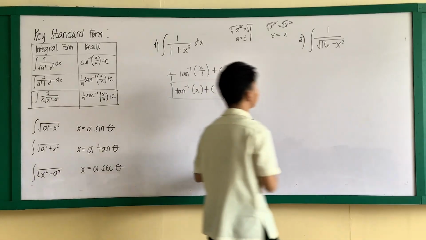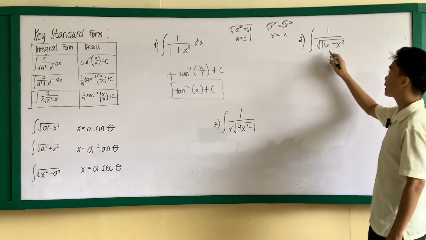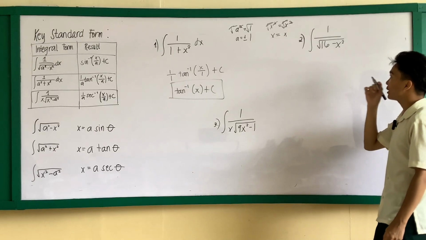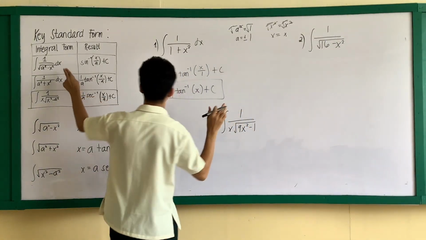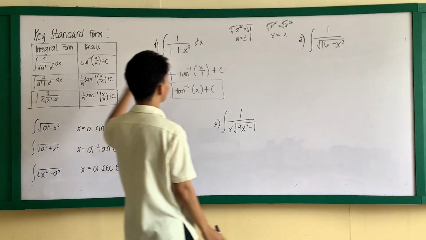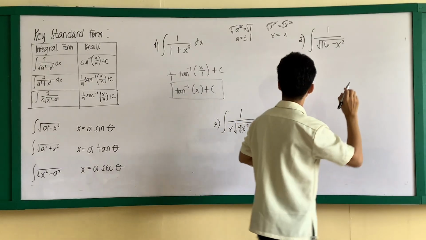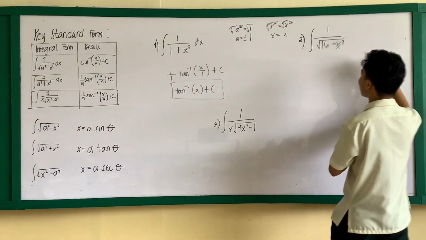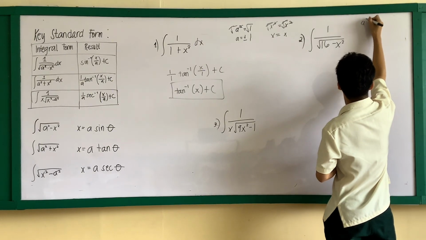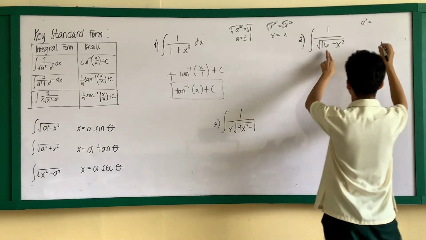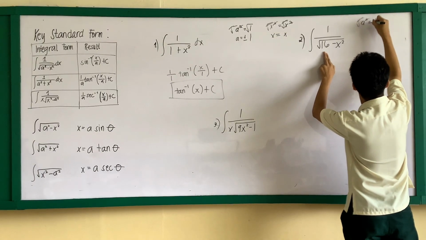So let's proceed to our problem number 2, which is the integral of 1 over the square root of 16 minus x squared. So in this problem, we can see that it matches this integral form. So we can also directly substitute this into this. But first, like what we did in the problem number 1, we have to find the value of a and x. The value is the constant, which is 16. Square root, cancel.